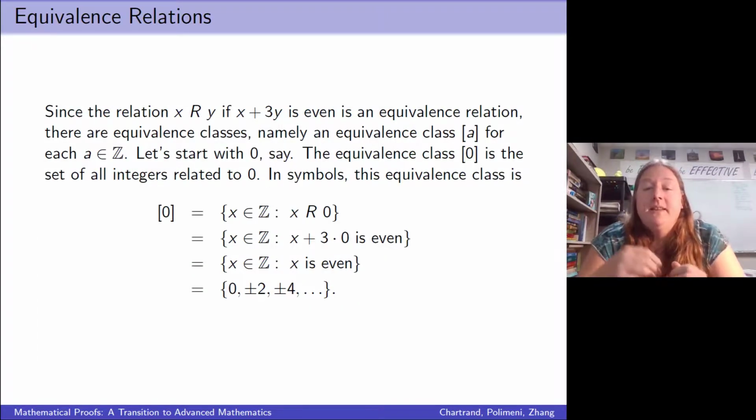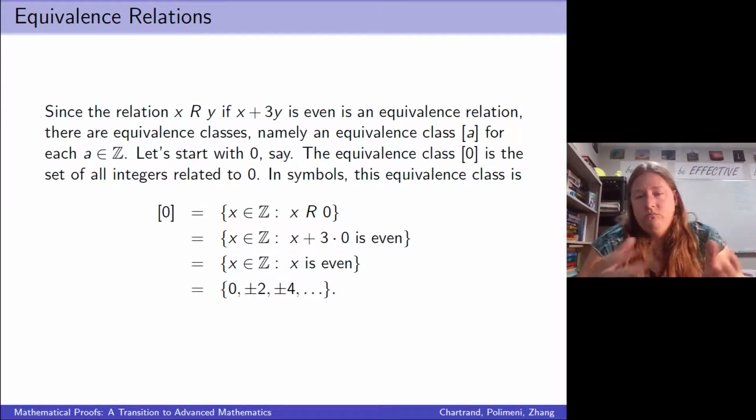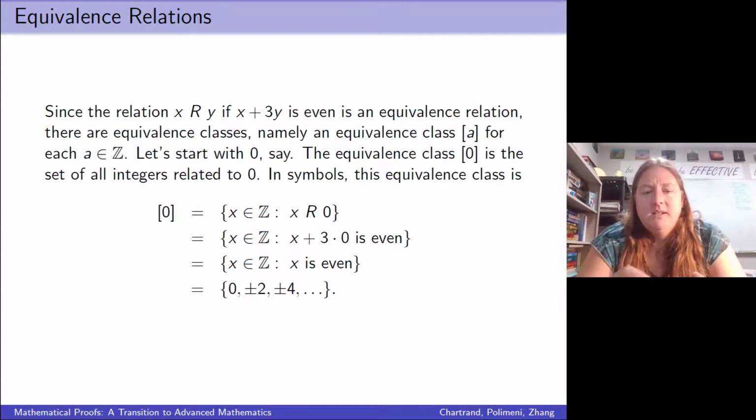Now let's take a look at the equivalence classes for this equivalence relation. So if we choose an integer, let's start with 0. 0 is the favorite integer, right? So we throw in 0. When we're looking for an equivalence class, we're looking for all the x's that are related to 0.